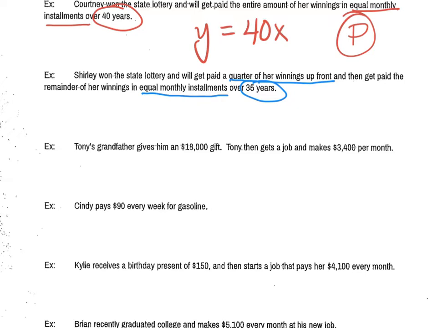Why? What makes it non-proportional? She got paid a quarter of it. She had an initial fee type. She was given an initial amount of money, and then it grew and was the same amount every month for 35 years. So that would make it non-proportional. I'm just going to write NP.